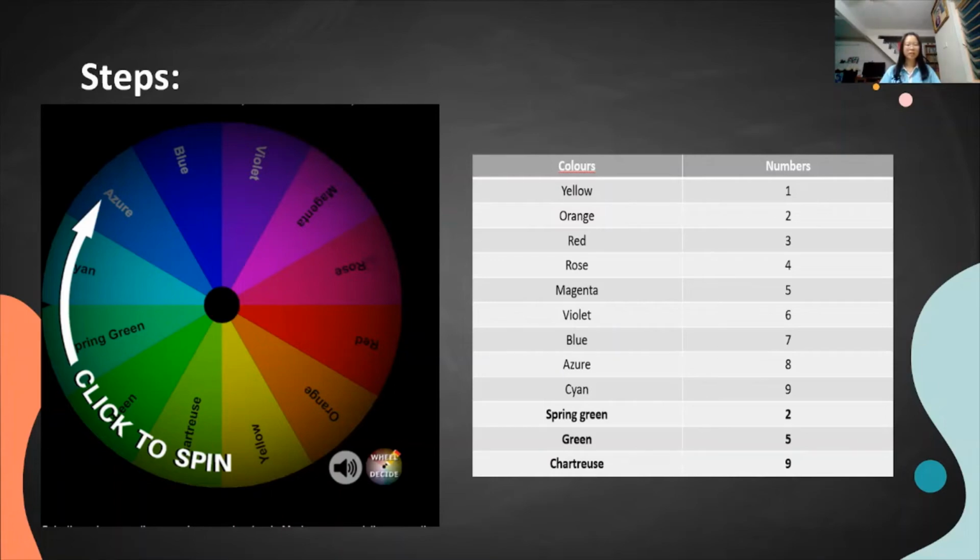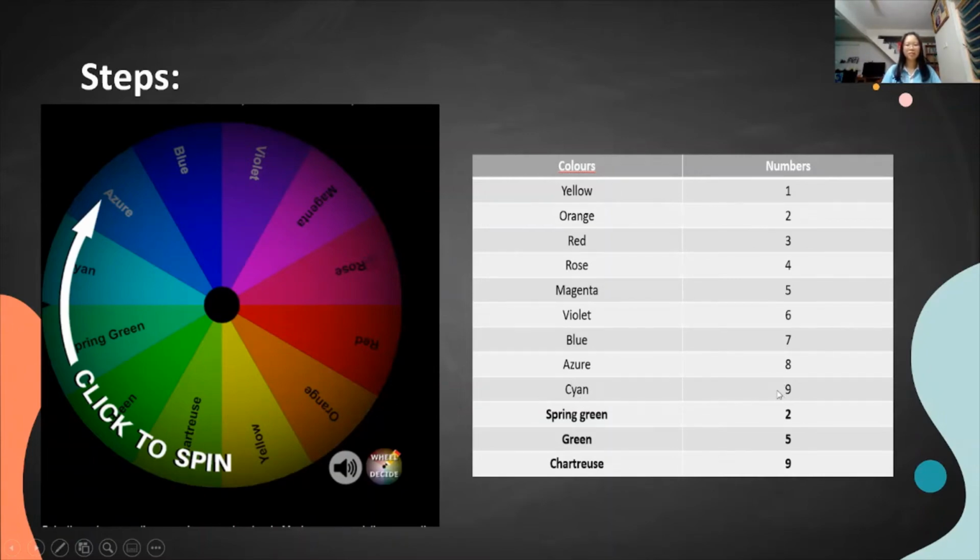So, as shown in the table here, the color yellow represents 1, orange represents 2, red represents 3, rose pink represents 4, magenta represents 5, violet represents 6, blue represents 7, azure represents 8, cyan represents 9.